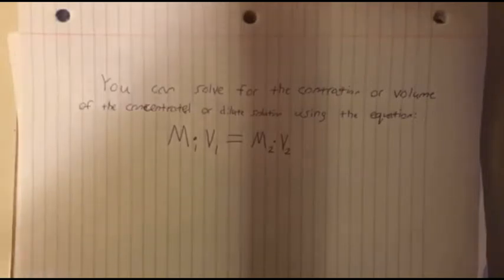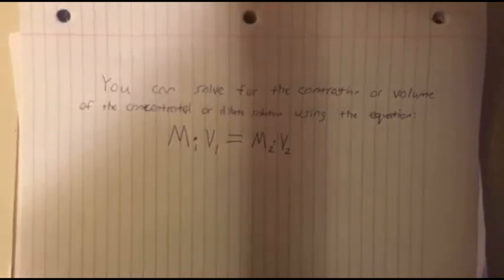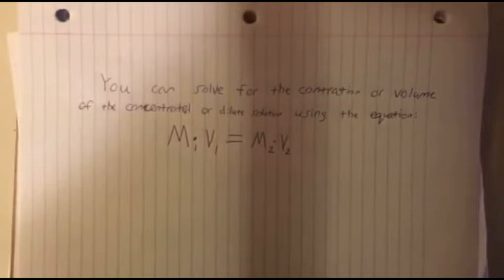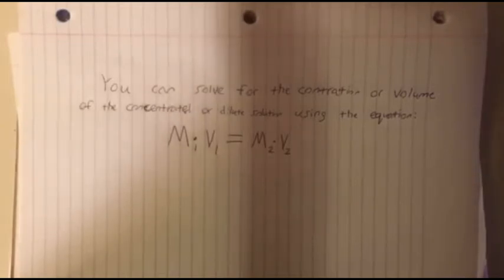V1 is the volume of the concentrated solution. M2 is the concentration in molarity of the dilute solution after more solvent has been added, and V2 is the volume of the dilute solution.